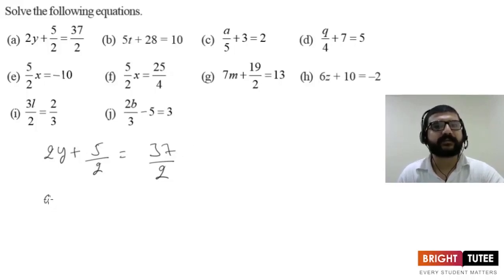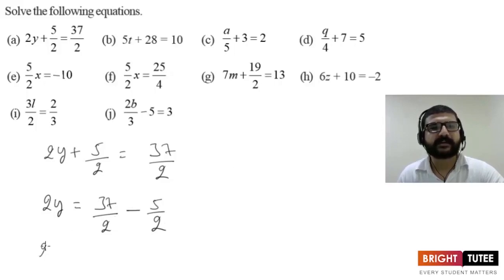So by doing that we will get 2y is equal to 37 upon 2 minus 5 upon 2, because here 5 upon 2 was added to the variable term, so it will be subtracted on the right hand side of the equation.